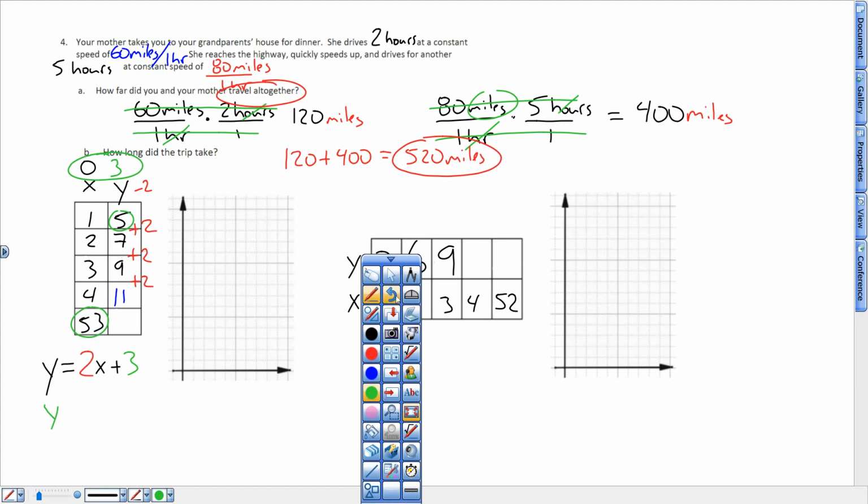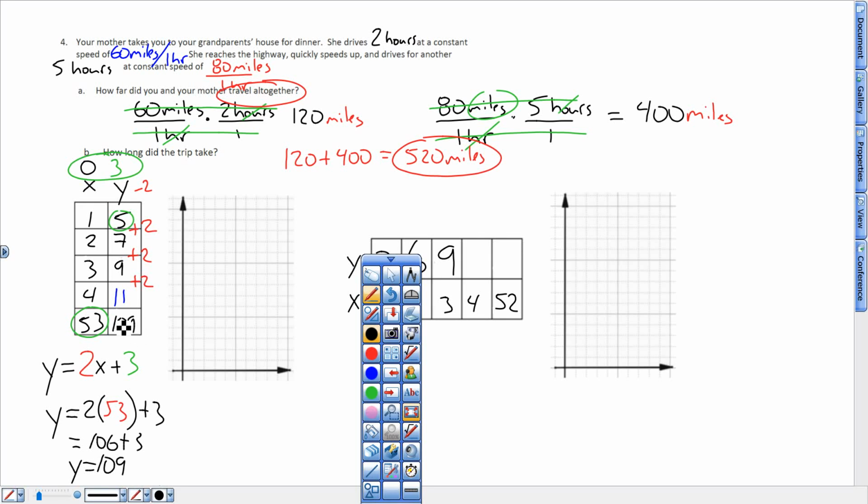I got y equals 2. Now where that x is, I'm going to put 53 and times it and then add that to 3. That will give me the answer for that box right there. So 2 times 53 is 106 plus 3 gives me 109.